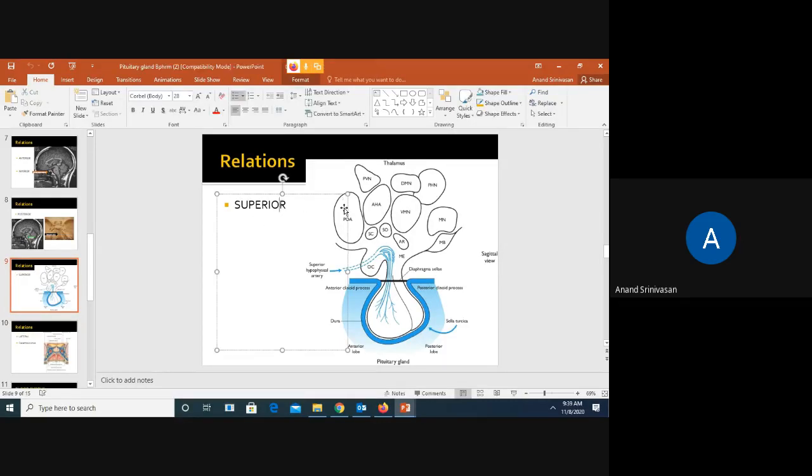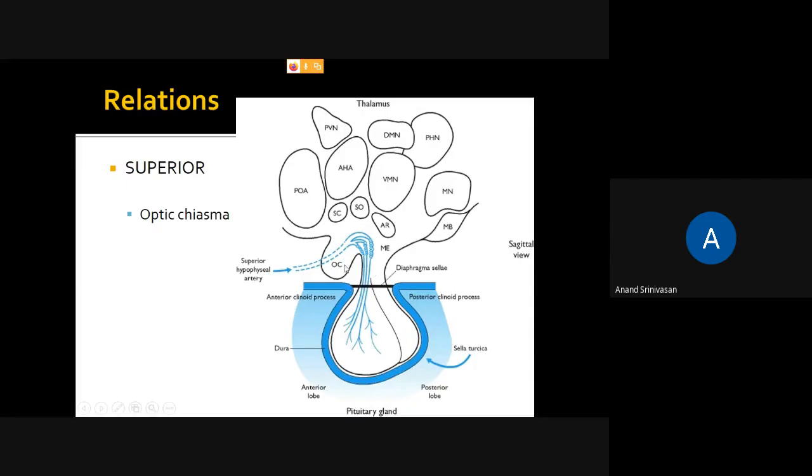Okay, you can write it down. So this is the optic chiasma, the part which is situated superior to the pituitary gland. Optic means vision, something which is related to vision.